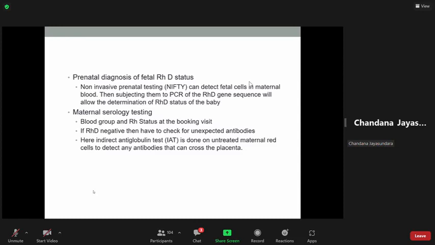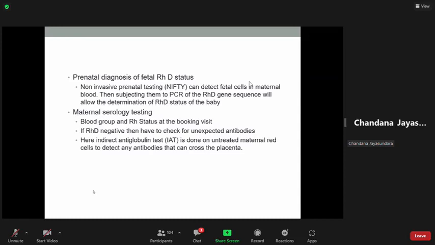So when the father is positive, we have to check whether the baby is positive as well. If the baby is positive, then of course there is a chance, and if we know that the mother is sensitized, now we have to see whether the baby has a chance of getting hemolytic disease of the newborn. For that, we have to first see whether the baby is positive or not.